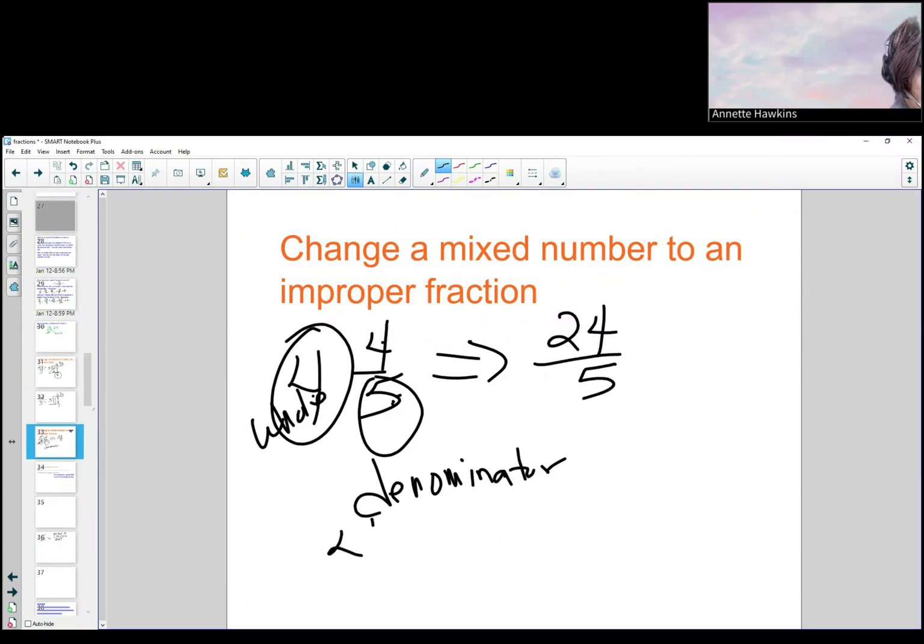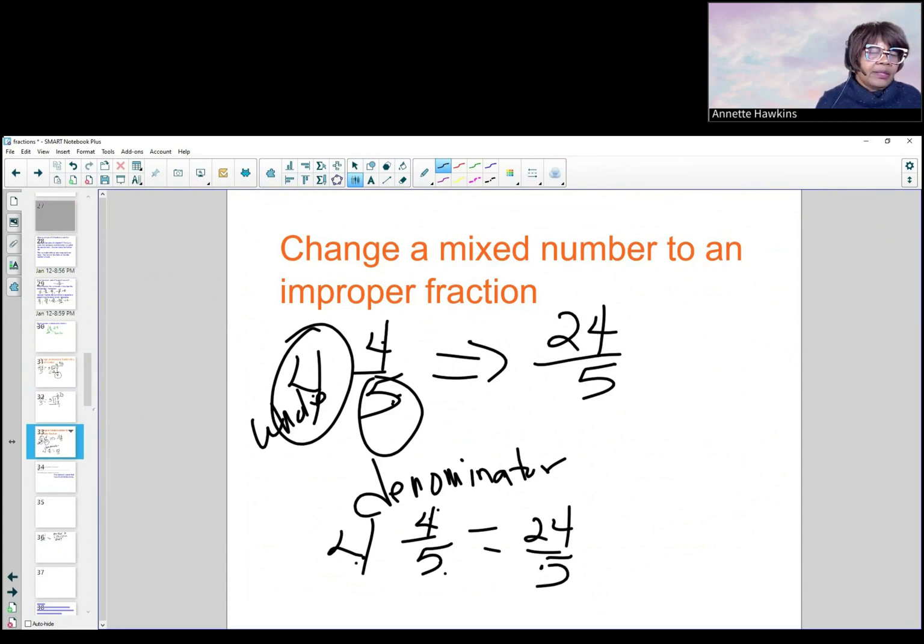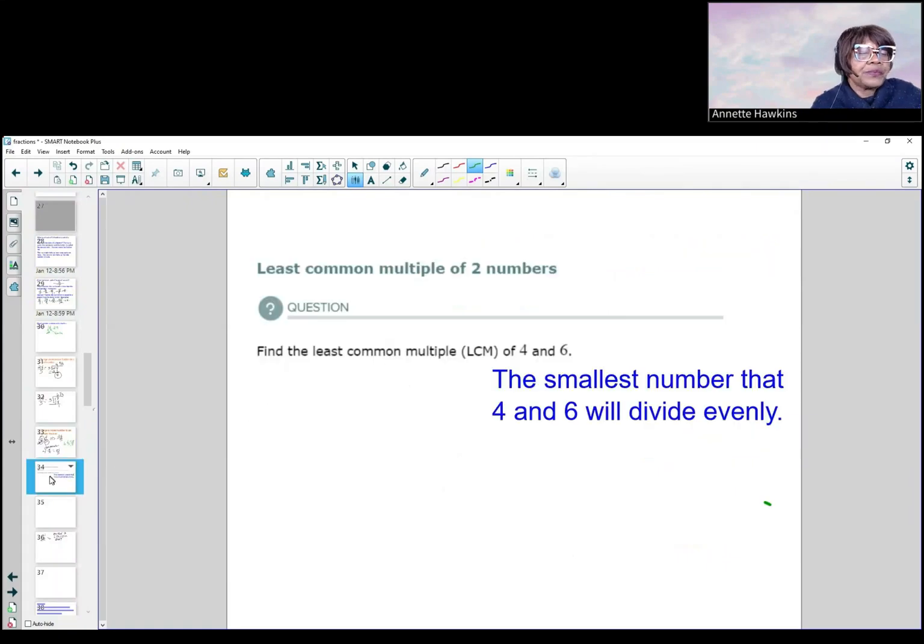So let's look at it again. 4 and 4 fifths. 5 times 4 is 20, plus 4 gives me 24. All right, we had another one, which was 6 and 1/3. 3 times 6 is 18, plus 1 gives me 19 thirds. So that's how you change a mixed number to an improper fraction.